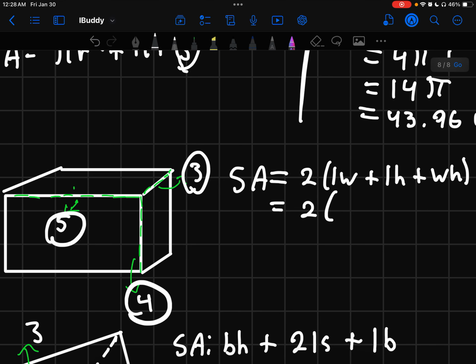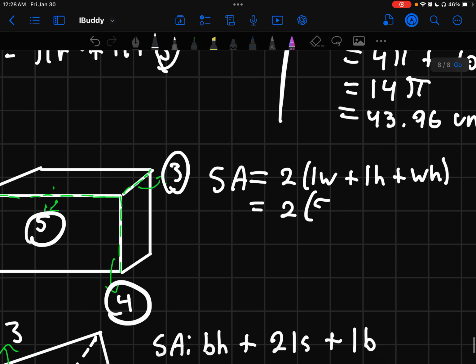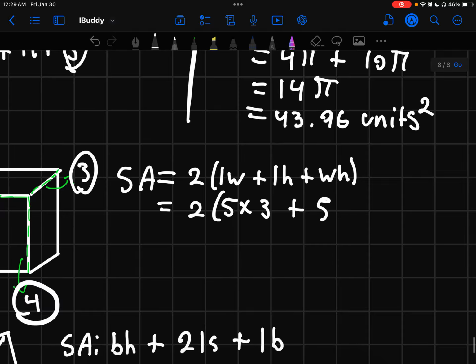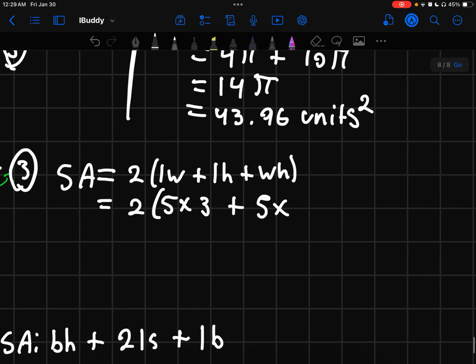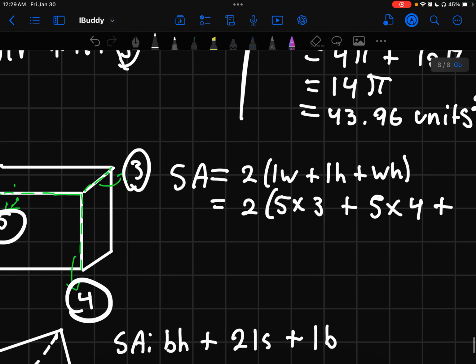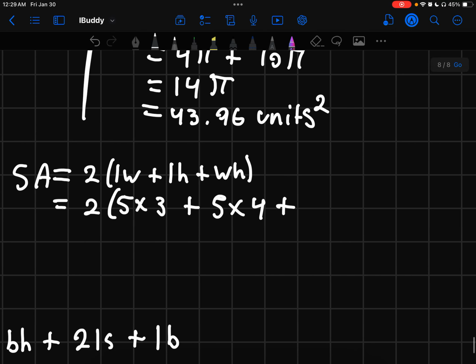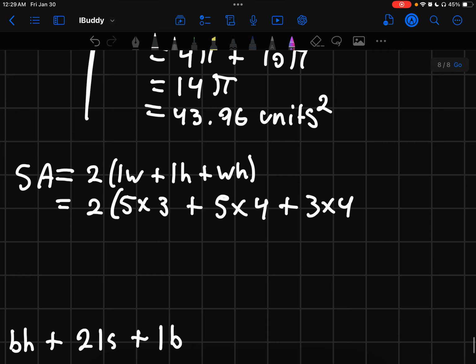The length is 5, so length times the width, which is 3, plus 5 times the height, which is 4, plus width times height, which is 3 times 4.